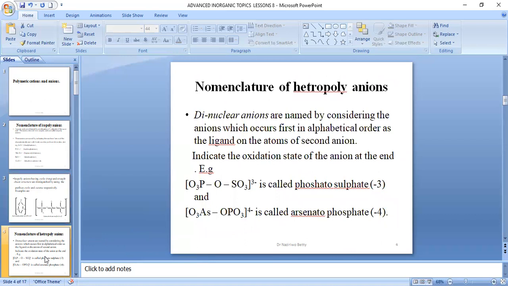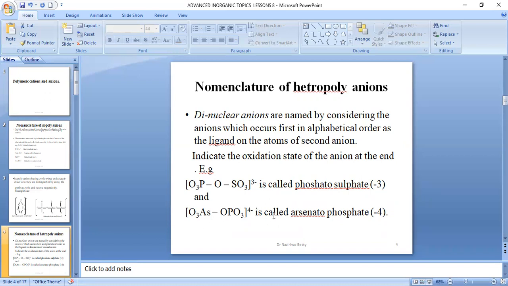Nomenclature of heteropoly ions. Dinuclear ions are named by considering the anion which occurs first in alphabetical order as a ligand on the atom of the second anion. Always indicate the oxidation state of the anion at the end of the name. An example, this molecule can be named as phosphatosulfate -3. -3 is the oxidation state.